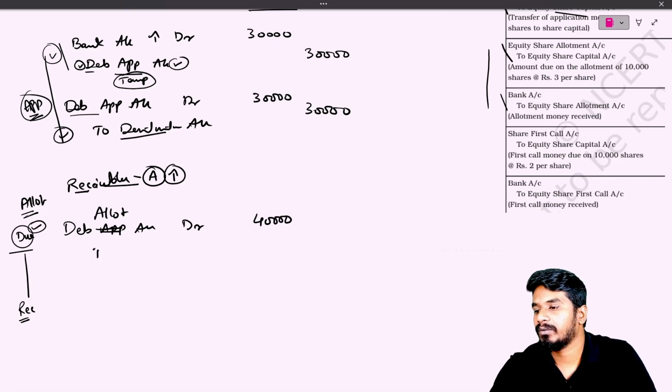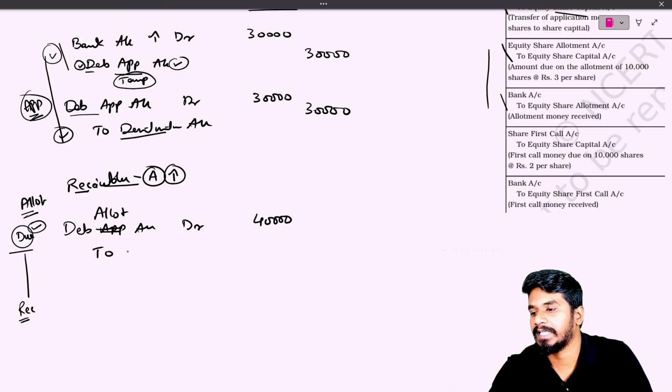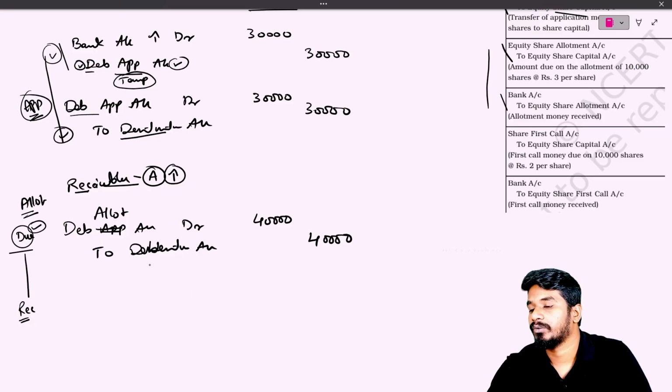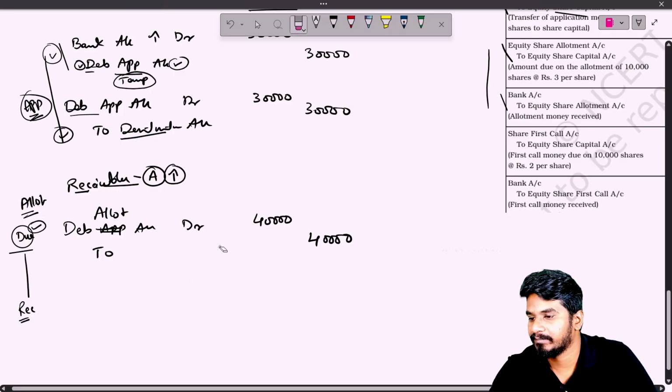Next, we need to transfer it to the debenture account. If we transfer it to the debenture account, liability obviously increases. So debenture account 40,000. My handwriting is very bad, let me write it clearly.